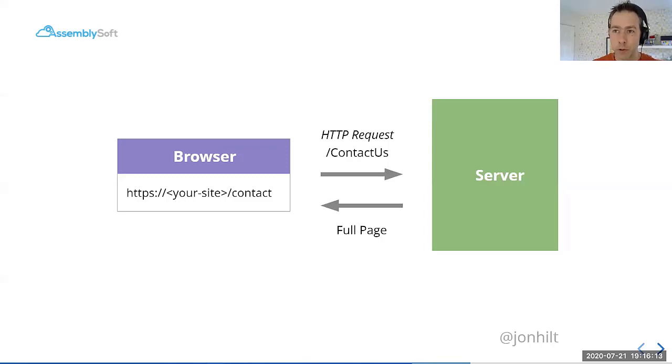So the mindset that we're in when we're building apps in this way is entire pages. That's how we think. And then if you want to go to the about page, /about, the server renders the HTML, CSS, and sends it back as a whole page.